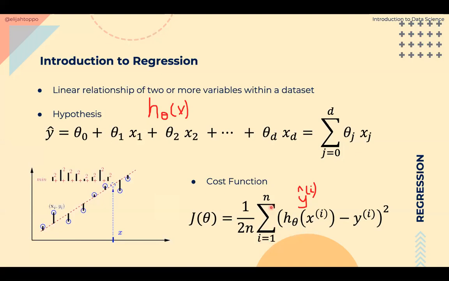It means that for all the data points, we take the sum of the squares of the errors between our prediction and the actual data point. Once we do that, we multiply by 1 by n, which gives us our mean error. And then we also multiply by 1 by 2. This 1 by 2 will be clear in a few slides from now, as we go ahead, I'll explain how we get it.